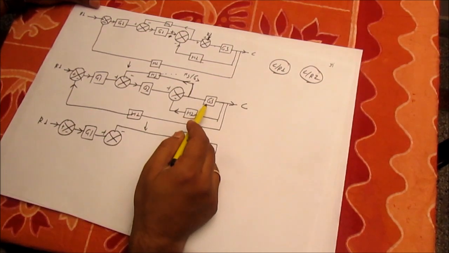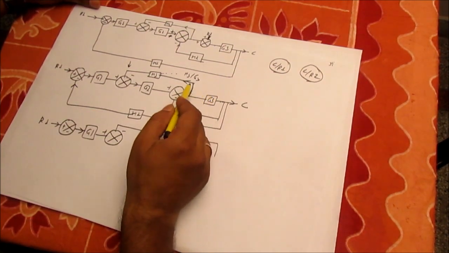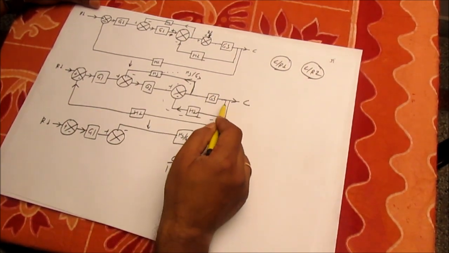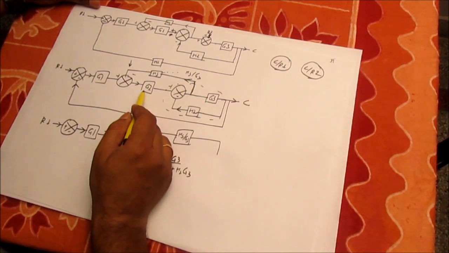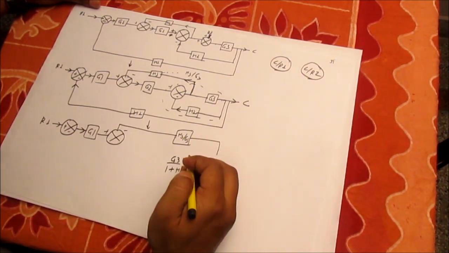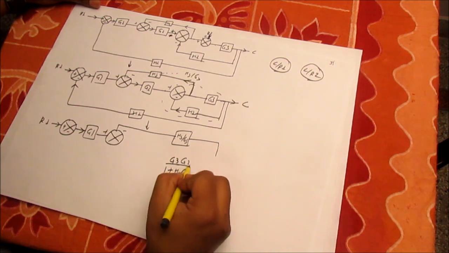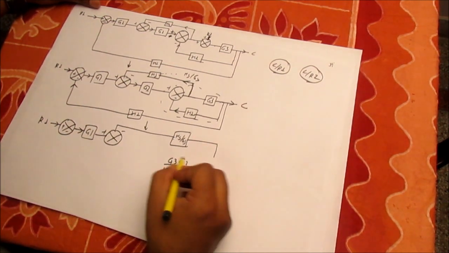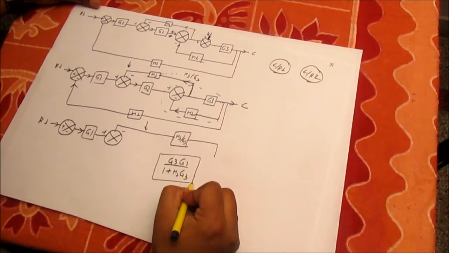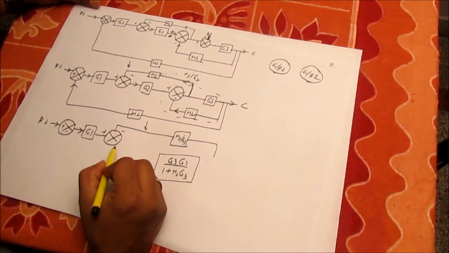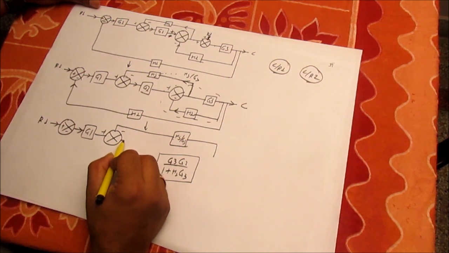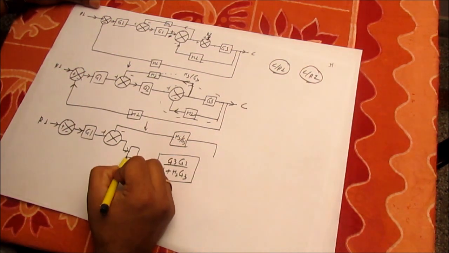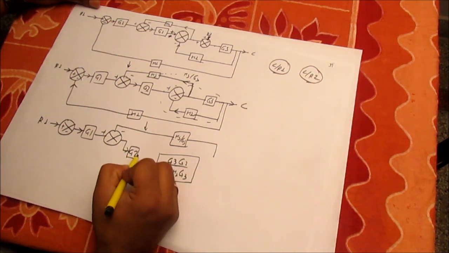And the second thing is, as this thing and this thing are in series, I can multiply both of them, so it will be G2 G3 divided by 1 plus H2 G3. Okay, and this one is a block diagram here.